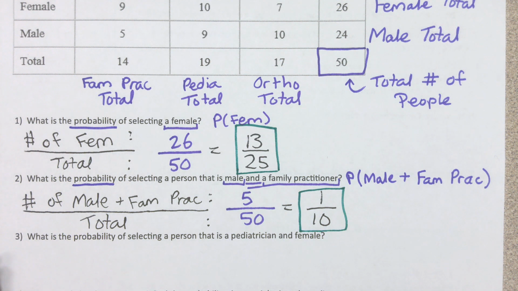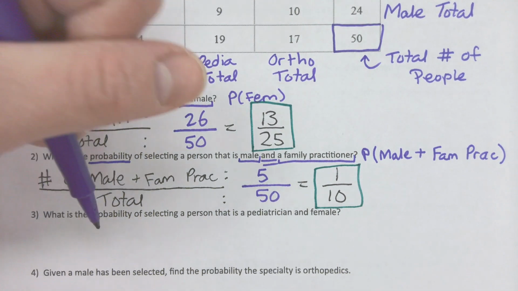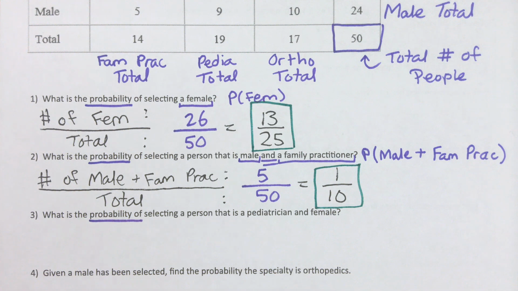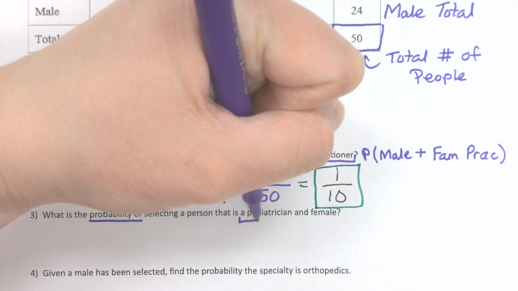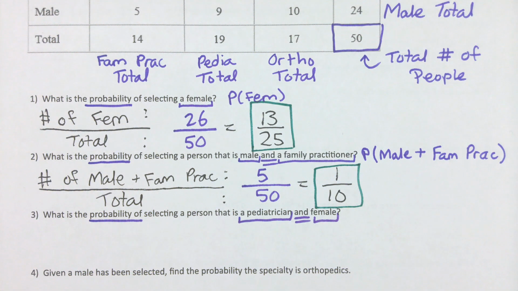Number 3, we're going to do another one of those. What is the probability of selecting a person that is a pediatrician and female? Similar question, just different categories.